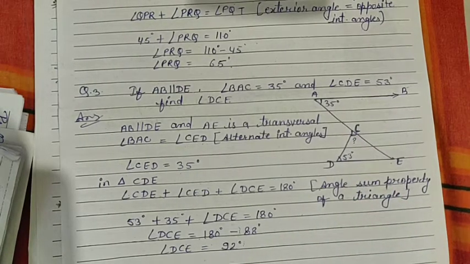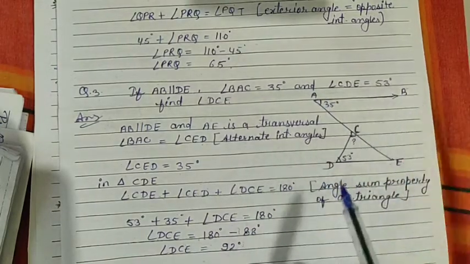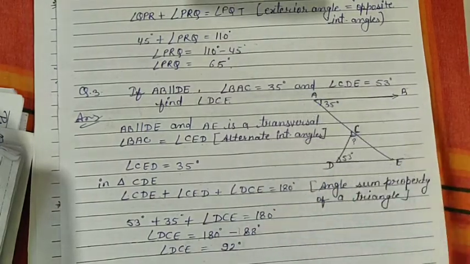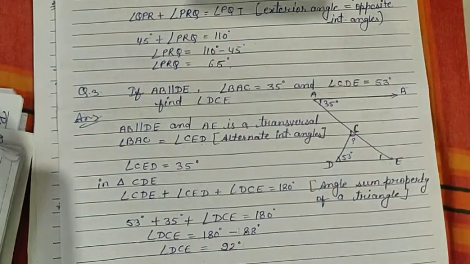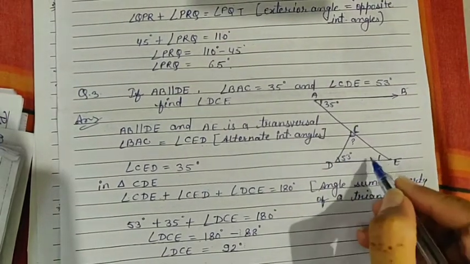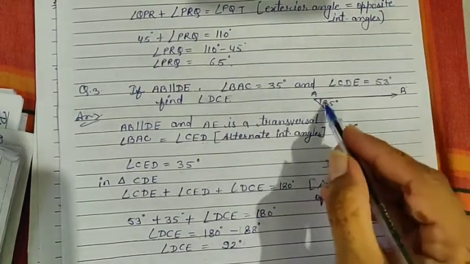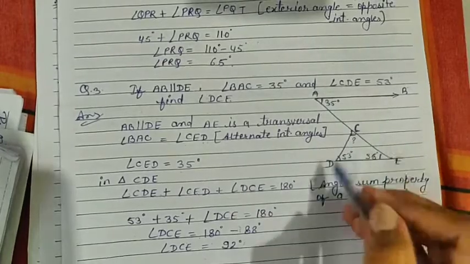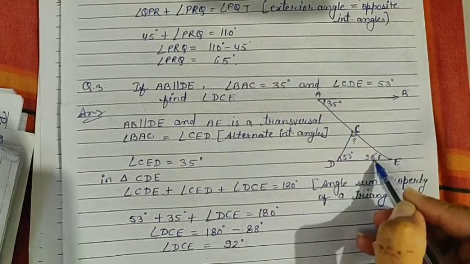How will we find it? Students, let's see the diagram. AB is parallel to DE and AE is a transversal. So this angle and this angle are alternate interior angles. So this angle will always equal 35 degrees, because these are alternate interior angles. So this will also equal 35 degrees.